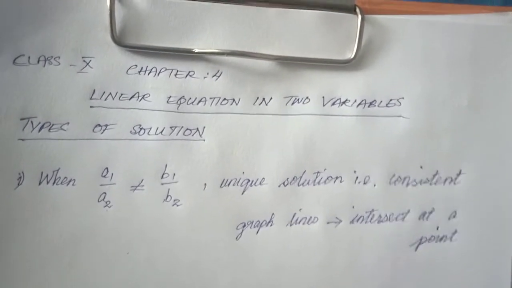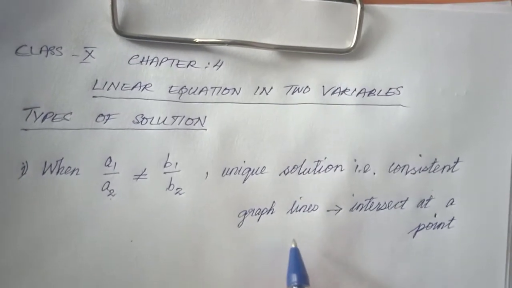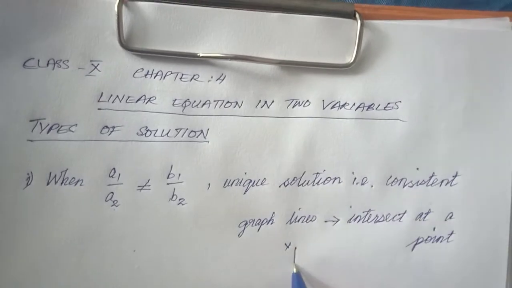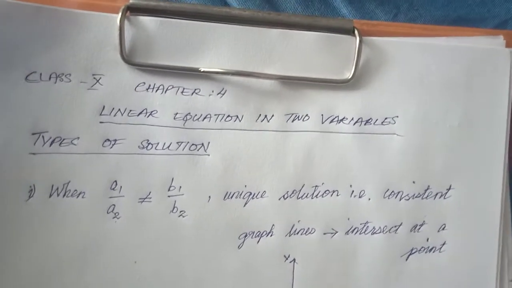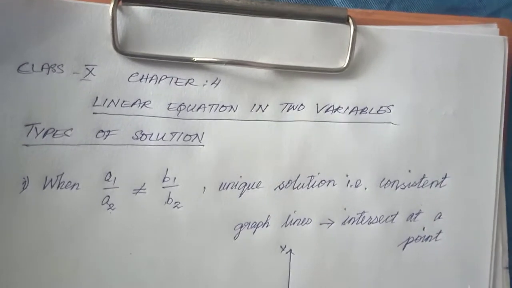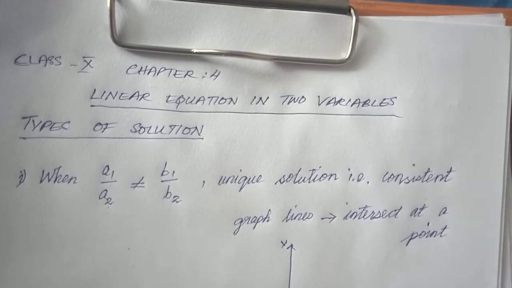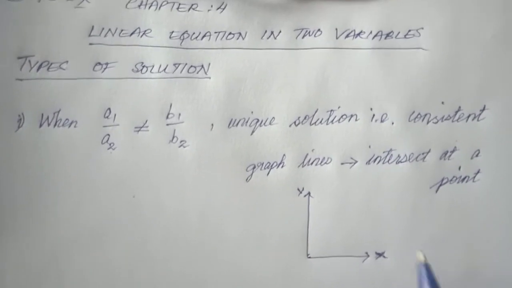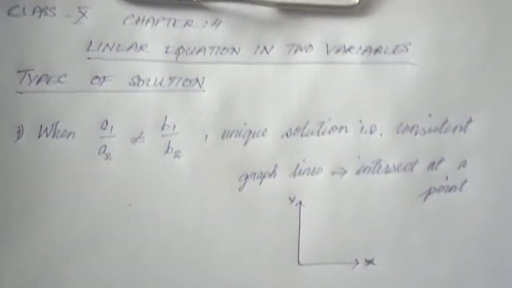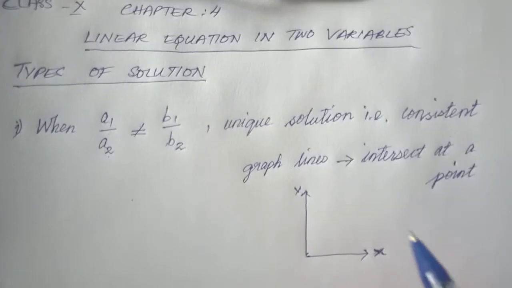For example, this is y and this is x. We have quadrants. Here in the first quadrant both are positive. Linear equations in two variables means we will have two lines in x and y.